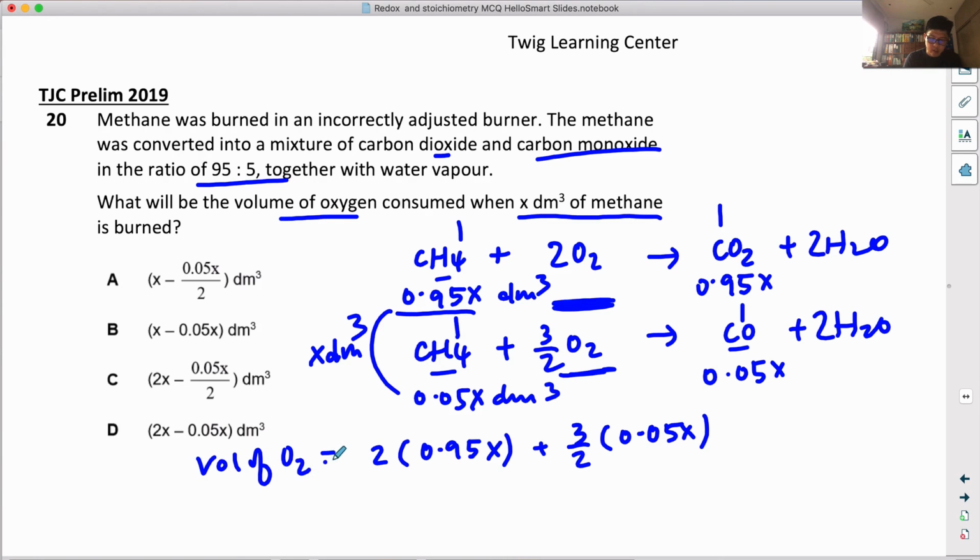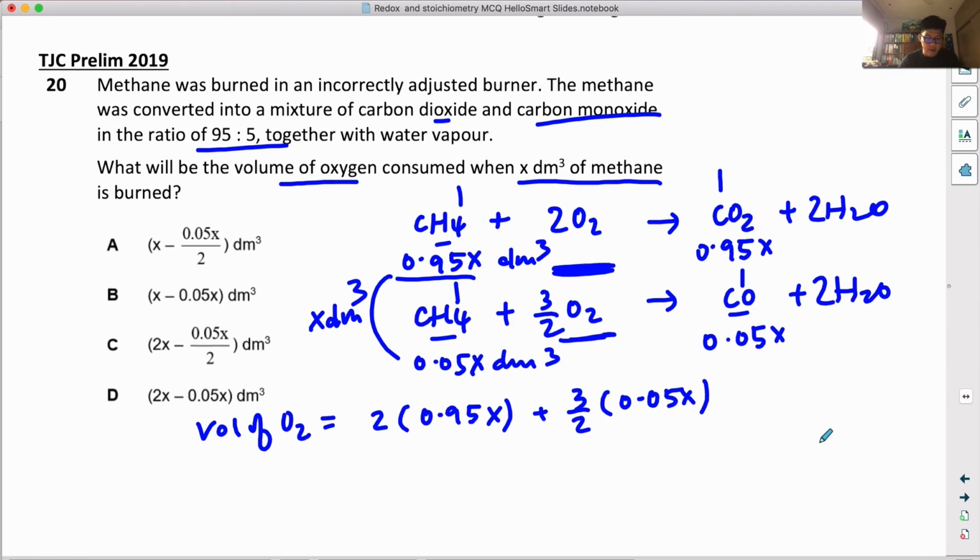Let's try to get the answer the way the question wants, so I'm going to change this one here to x minus 0.05x, plus 3 over 2 times 0.05x.